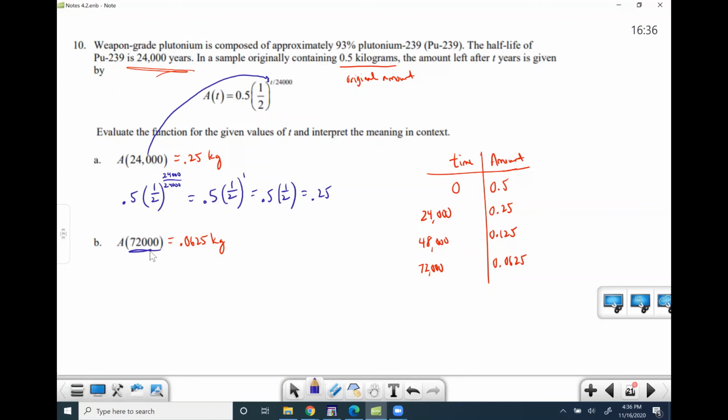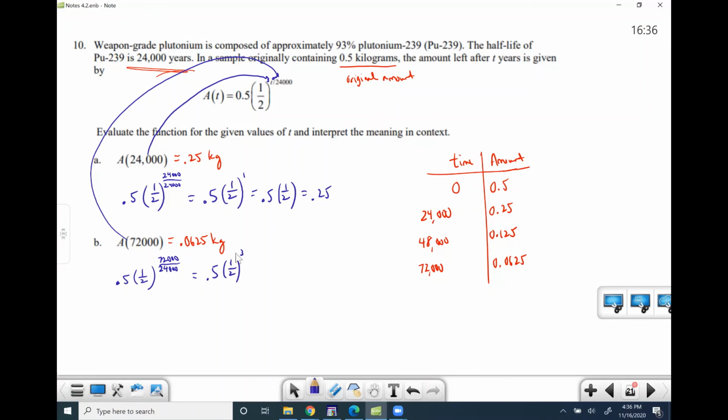Similarly, plug 72,000 in for the t. So you have your formula, 0.5, 1/2, take the 72,000 and put it in for the t. So 72,000 divided by 24,000. Sorry, that's hideous. Let me see if I can write that better. Goodness, sorry guys. Okay, so that's 0.5, 1/2 to the third.